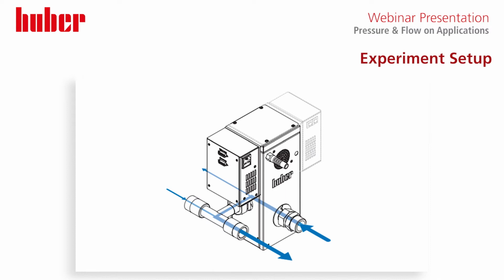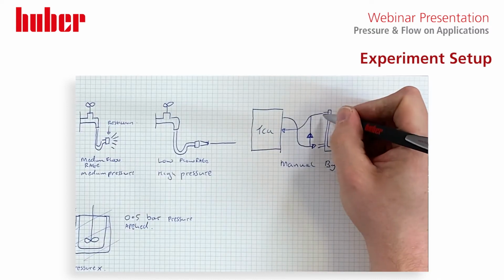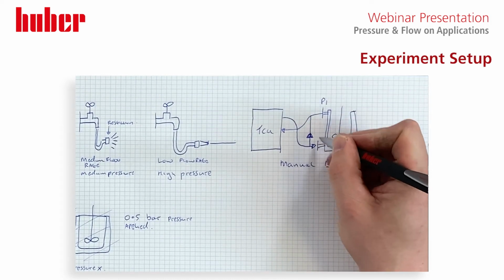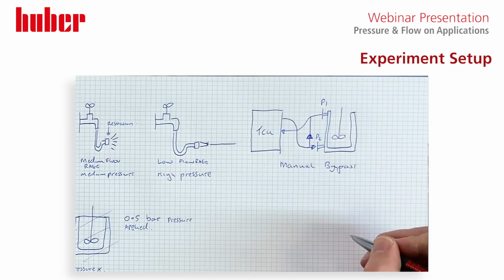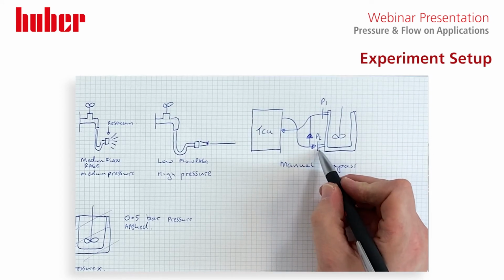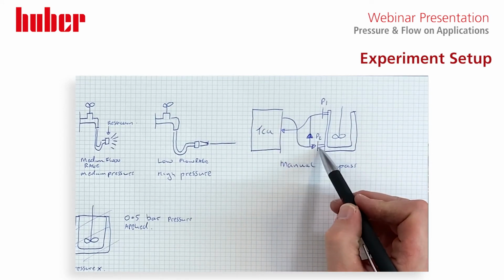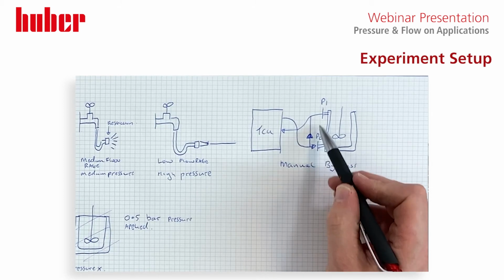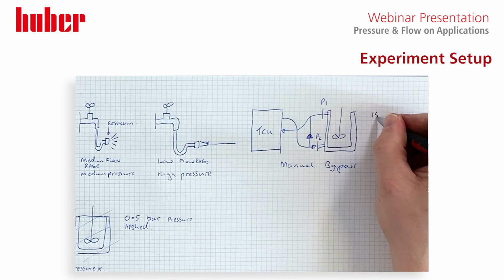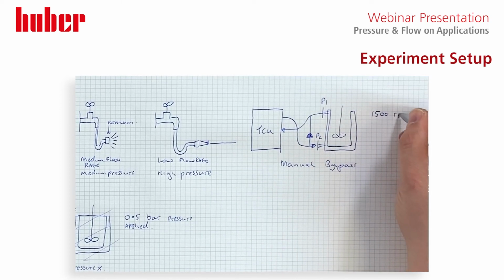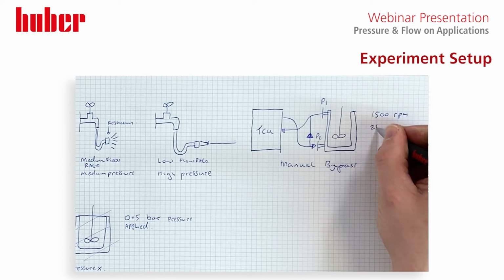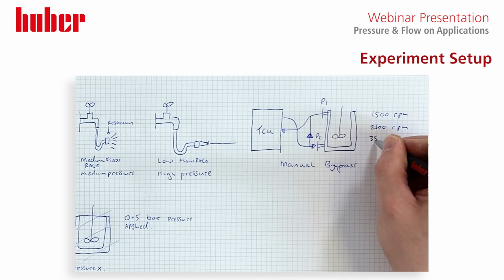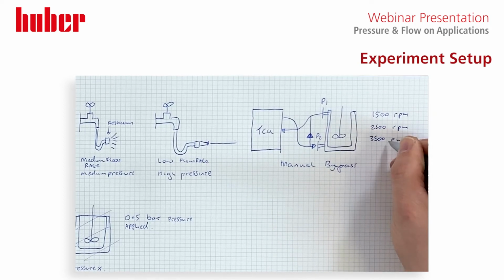So the test we're actually going to do on this system is, if we put what we'll call P1 here on the outlet, P2 on the inlet, and apply a certain pump speed, what we decided to do is adjust the pump speed to 1500 RPM, 2500 RPM, and 3500 RPM, kind of full bore.